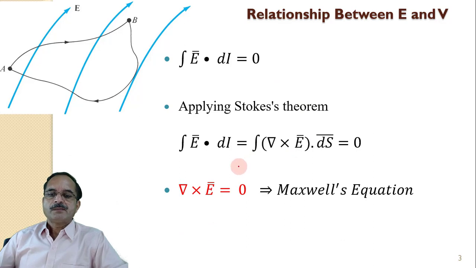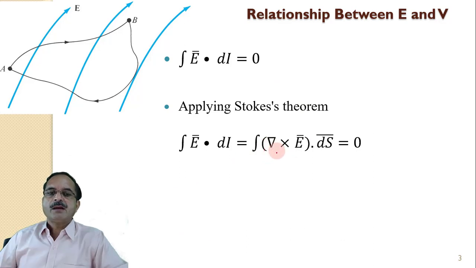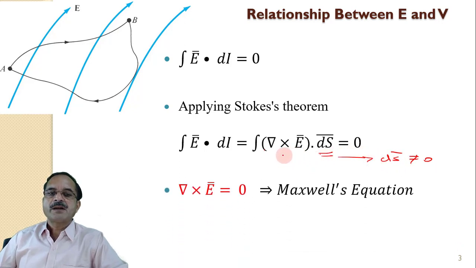Now ds is the small differential surface and it is not 0. So to satisfy this equation, del cross E must be 0. So we can say that del cross E, that is the curl of E, is equal to 0.